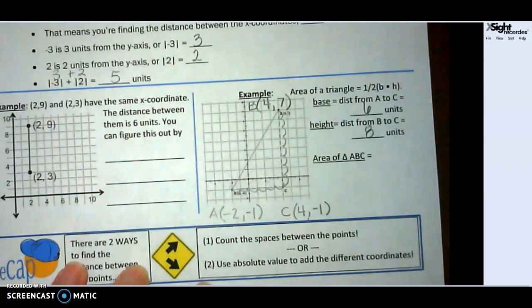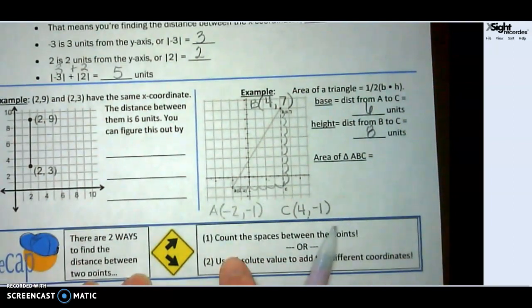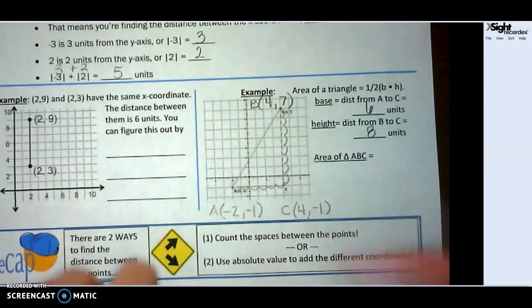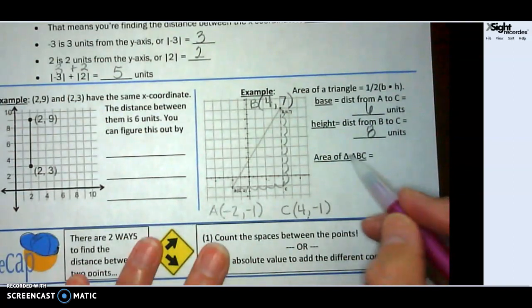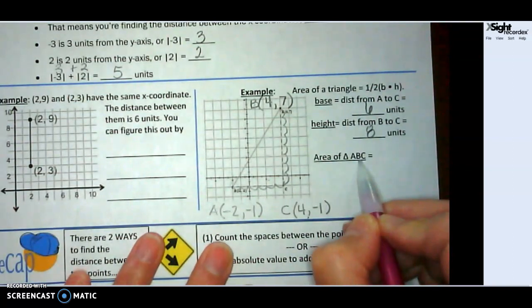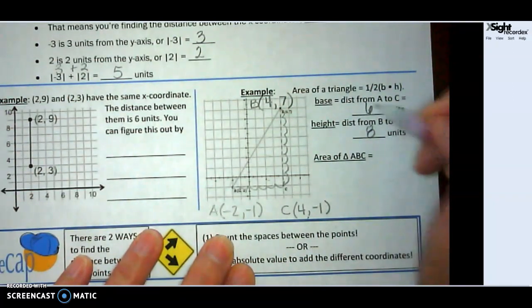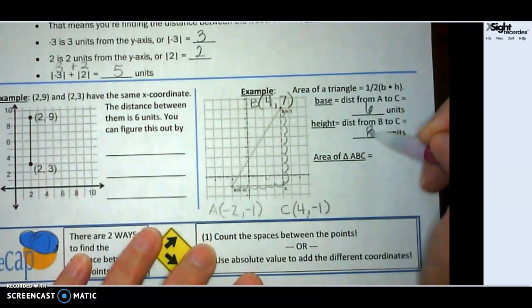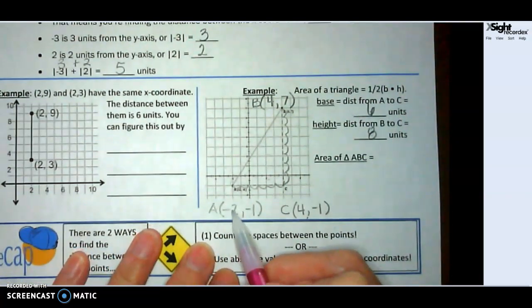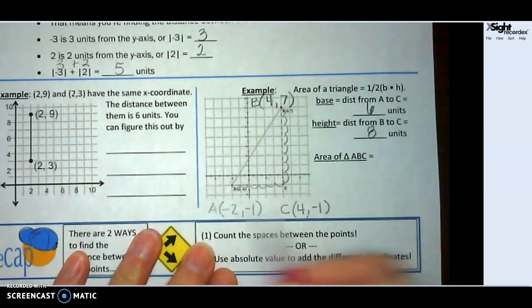All right. Well, why have I learned that I can use absolute value to add the different coordinates? I'm going to show you how that works too. Even though our whole goal is to find the area of this triangle, let's make sure that these numbers are correct. So if I want to find the distance from A to C, I look at my coordinates.